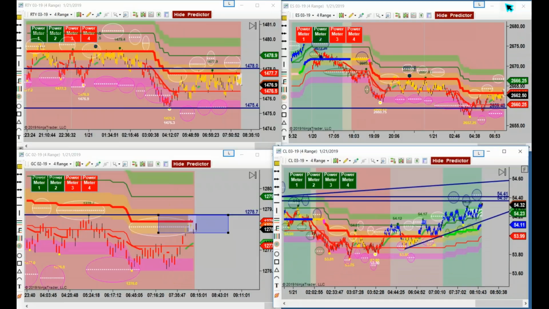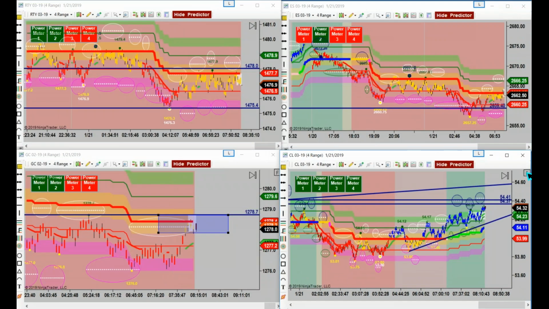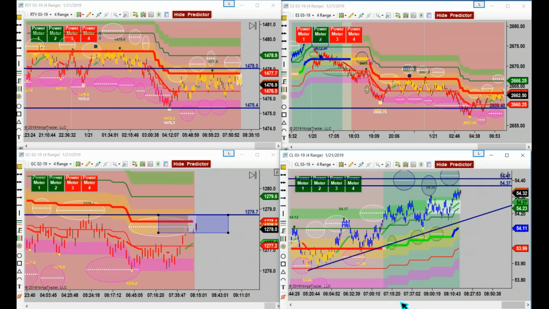Sure slowed down. It's like it stopped. Careful when they slow down like that. Let's see if we can blow through this thing. Nope, not yet. You can see to the left kind of where they're checking, right?